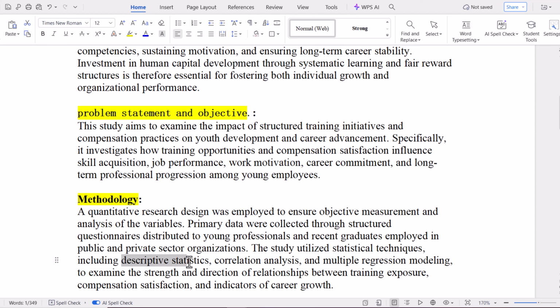The study utilized statistical techniques, including descriptive statistics, correlation analysis, and multiple regression modeling to examine the strength and direction of relationships between training exposure, compensation satisfaction, and indicators of career growth. Notice that this gives a general overview without going into excessive detail.